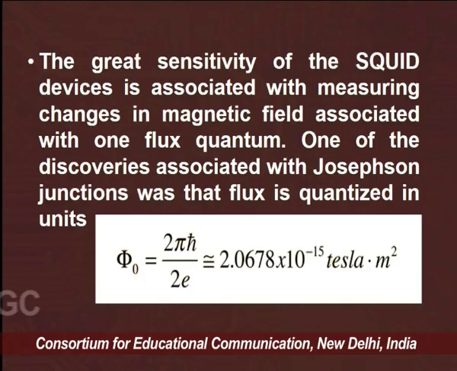So, if a constant biasing current is maintained in the SQUID device, the measured voltage oscillates with changes in the phase at the two junctions, which basically depends upon the change in magnetic flux. So, counting the oscillations allows us to evaluate the flux change which has occurred.